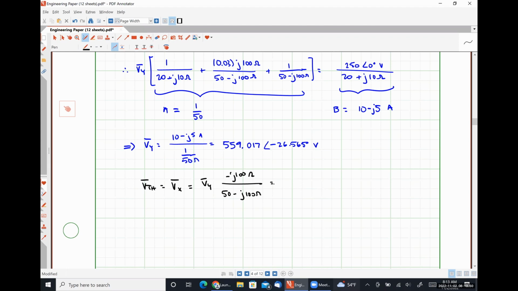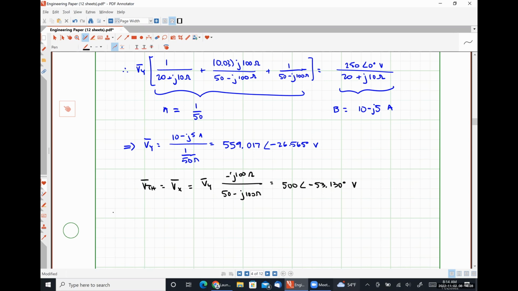So let's see, that's 559.017 angle negative 26.565 multiplied by minus 100i over 50 minus 100i, which gives 500 angle negative 53.130 degrees volts.